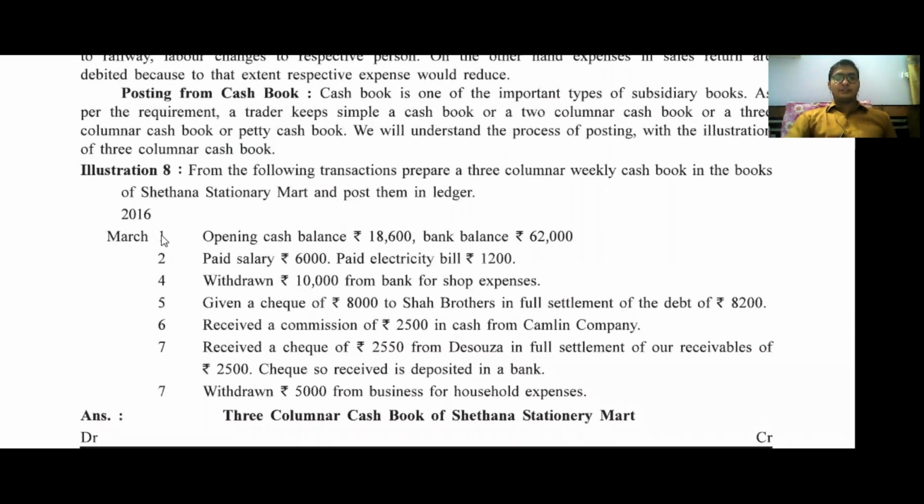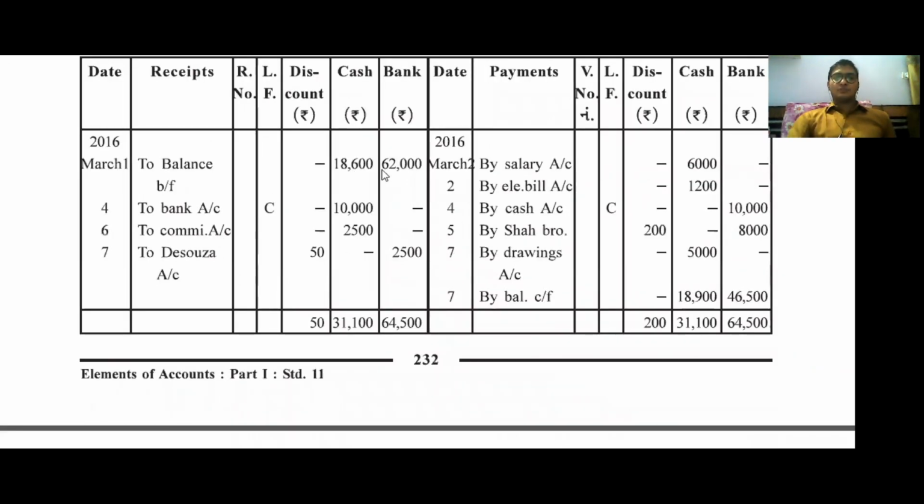First of all, date 1, opening cash balance 18,600, bank balance 62,000. Both balances have a debit entry. So on the debit side, two balance brought down for cash and bank, 18,600 and 62,000.